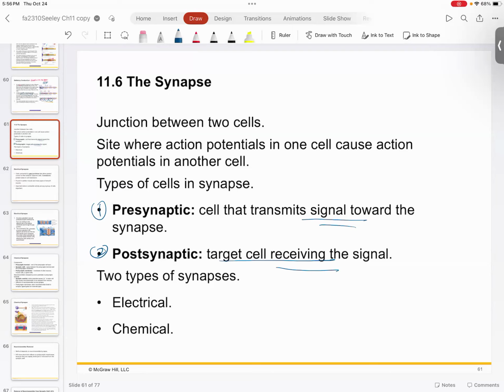Now, if you were listening carefully in chapter 9, you noticed that this was the set of terminologies I tended to use when talking about the neuromuscular junction, presynaptic and postsynaptic, because it is essentially a neural connection between those two. Now, generally speaking, we have two overall types of synapses. We have what's called an electrical synapse, and we have a chemical synapse.